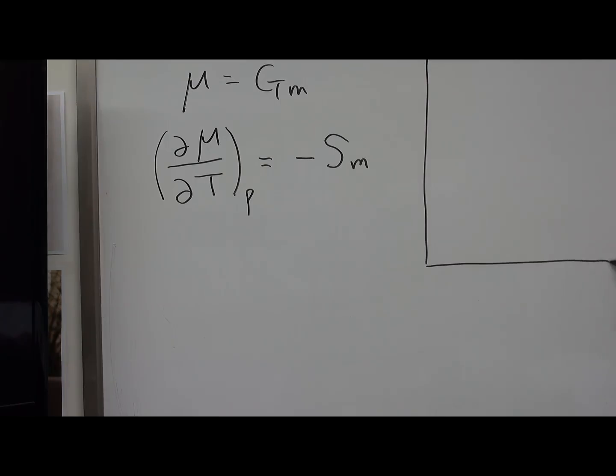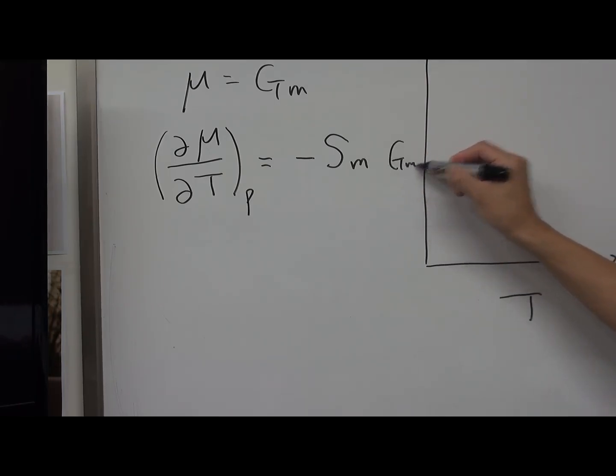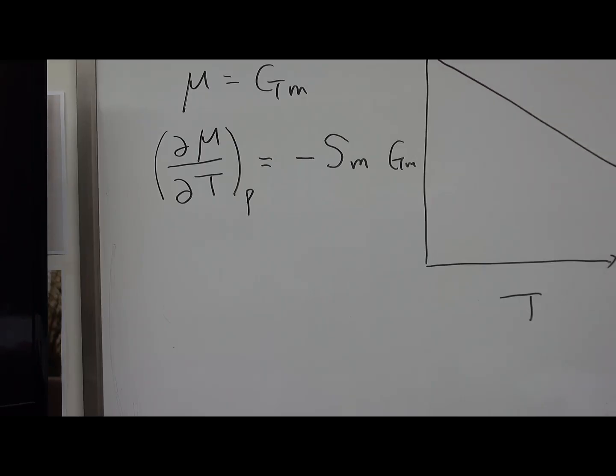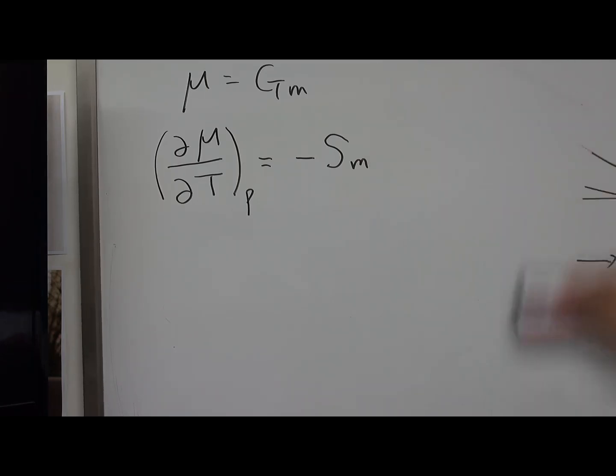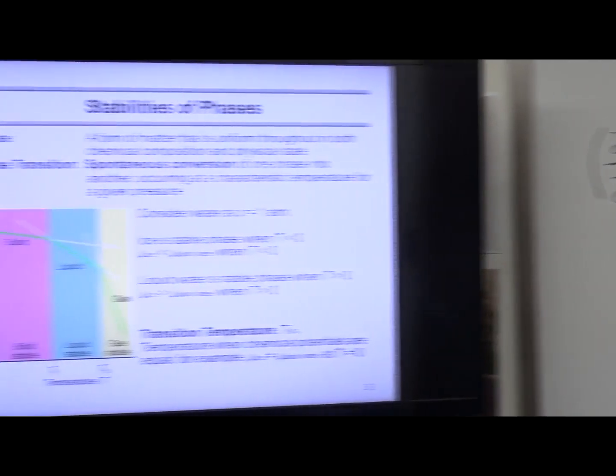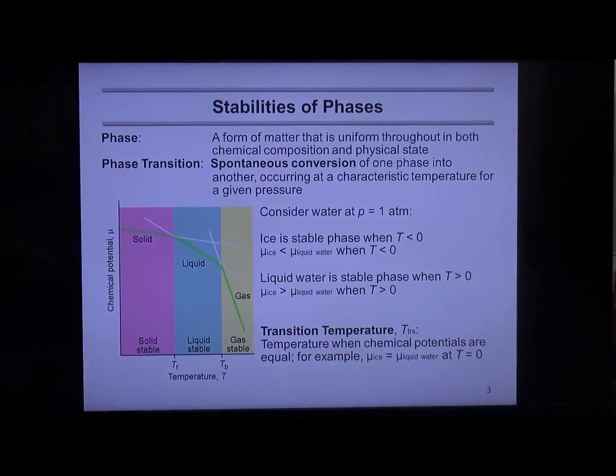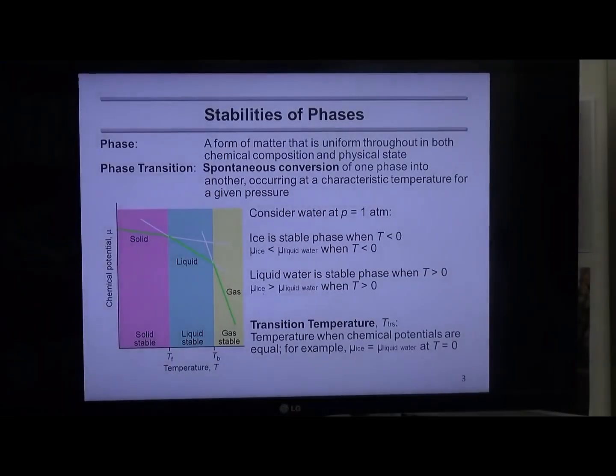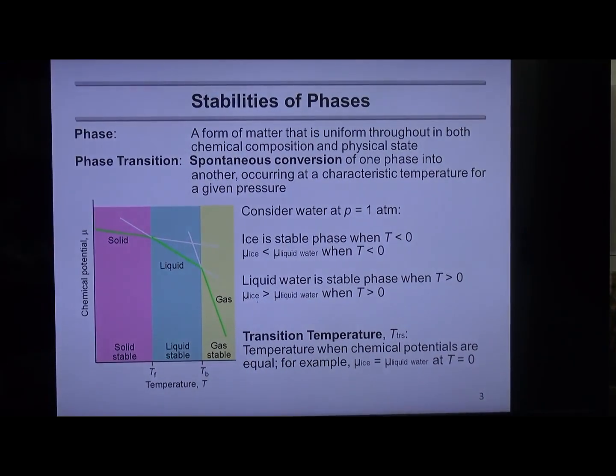So you might remember this kind of diagram. Gibbs energy changes like this for gas, liquid, solid. If you plot the same diagram for chemical potential as a function of temperature, you get basically this kind of diagram.